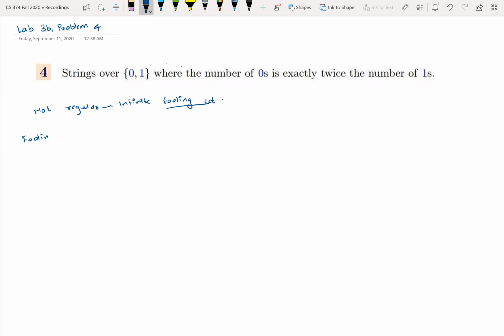A fooling set is a set of strings such that for any pair of strings in F, where F is our fooling set, there exists a distinguishing suffix.